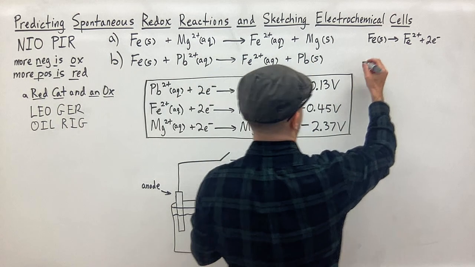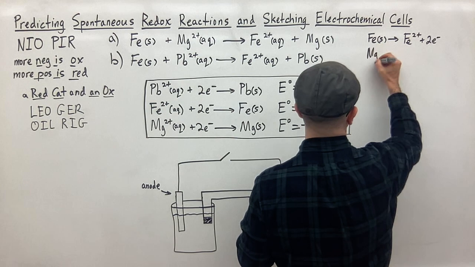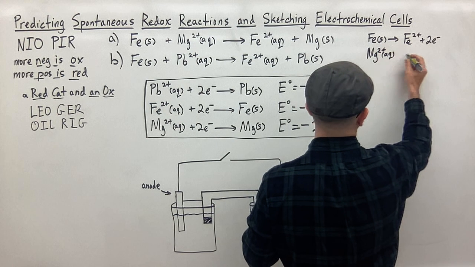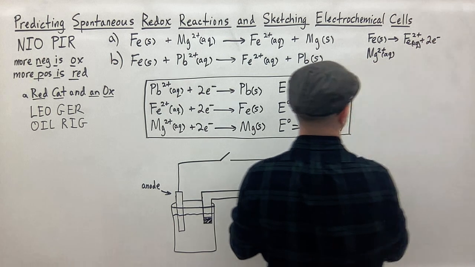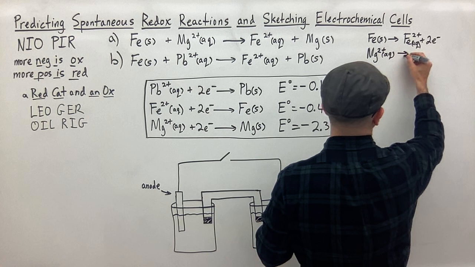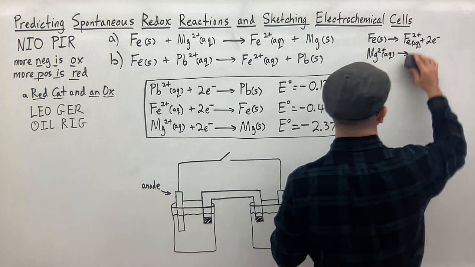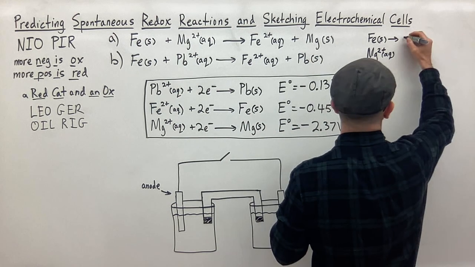So if we write that equation, we have Mg 2 plus aqueous, and that's going to go to solid. Let me write this better.